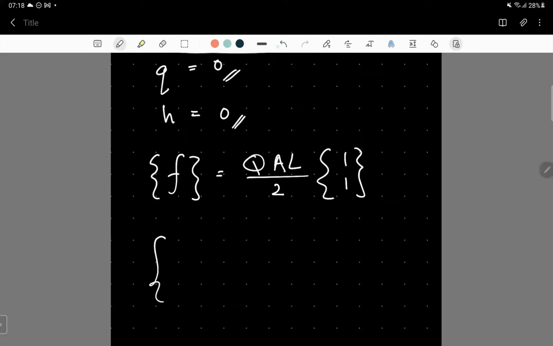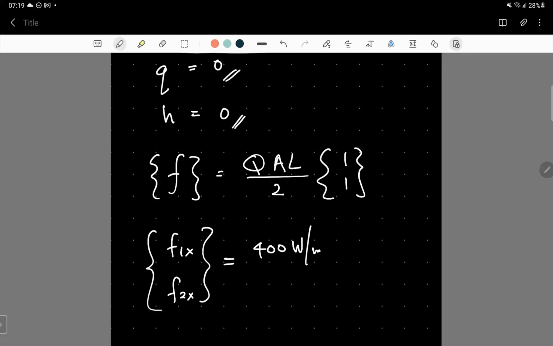If we consider element number 1, we have two nodes, of course, F1x and F2x are the two force elements. Q stands for the heat source, that is 400 watts per cubic meter, multiplied by the area, 1 meter squared, times the length, 0.25 meters, divided by 2.